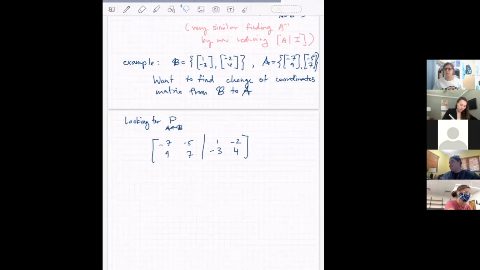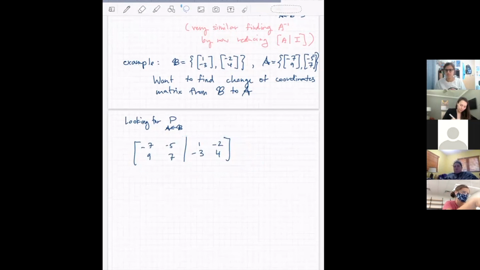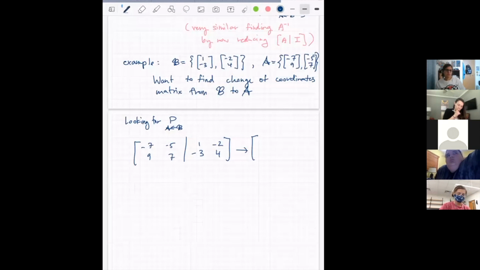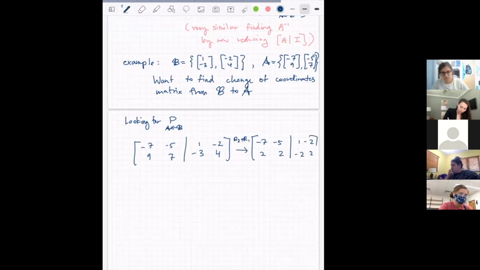This might get messy. Let's see what happens. Just get this 2, 2, minus 2, 2.